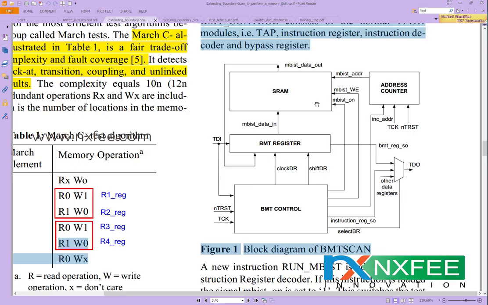Once we write the data into the SRAMs and read the data, we need to test the data in the BMT controller, which also initiates the address counter to increment the address, and controls the reset part, TCK and the other bits, the fault bit. The instruction register, scan out, everything we need to write as code in the BMT controller with the support of Verilog HDL.